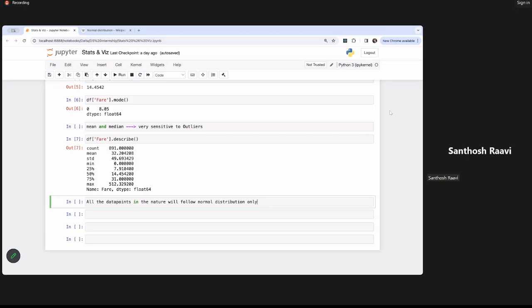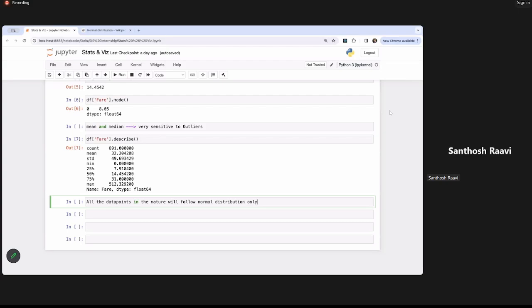99.9999 times the data will follow the normal distribution. It doesn't follow any other distribution. There are some other distributions as well, like Poisson distribution, student t distribution, power law distribution, log normal distribution, logarithmic distribution.